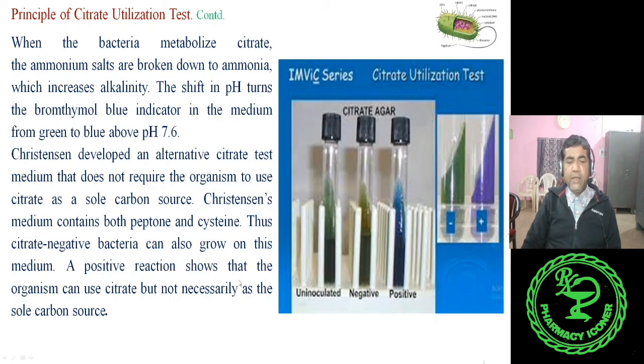A positive reaction shows that the organism can use citrate but not necessarily as the sole carbon source. To that we add some bromothymol blue. So if these organisms are capable of utilizing citrate, then the color will change from this to this, otherwise it will remain like this.